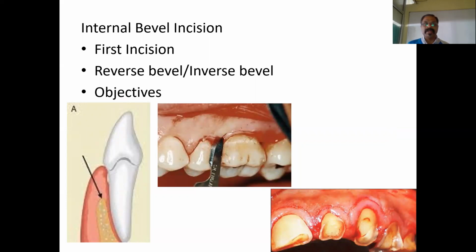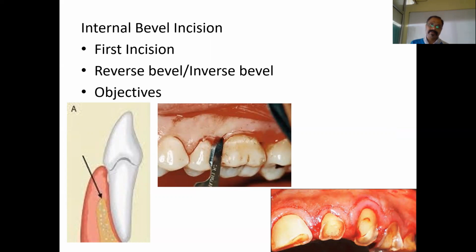It is also called a reverse bevel incision, or an inverse bevel incision. So three terminologies: internal bevel incision, inverse bevel incision, and reverse bevel incision. All are the same.